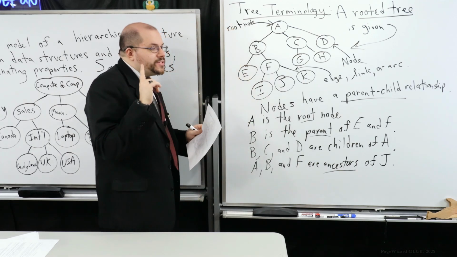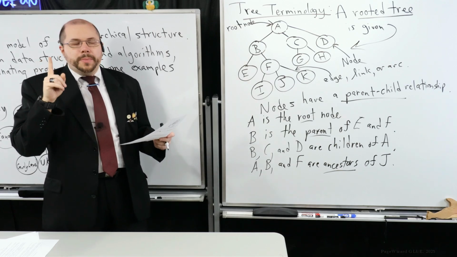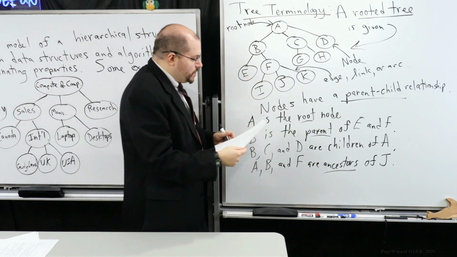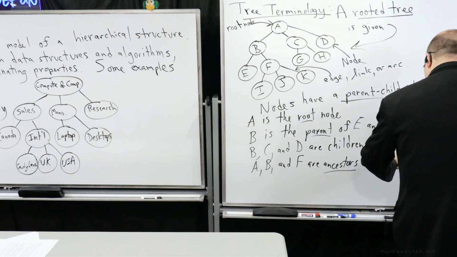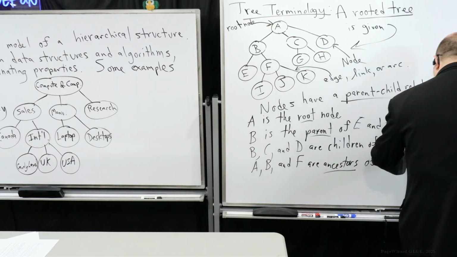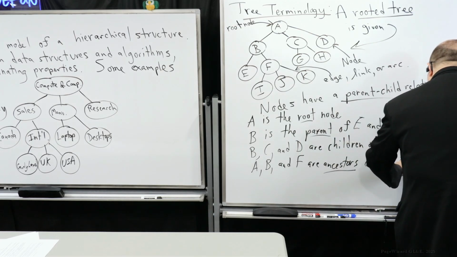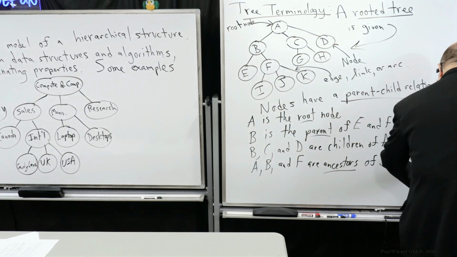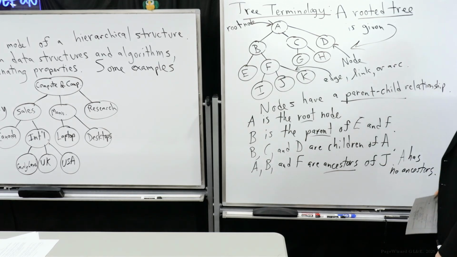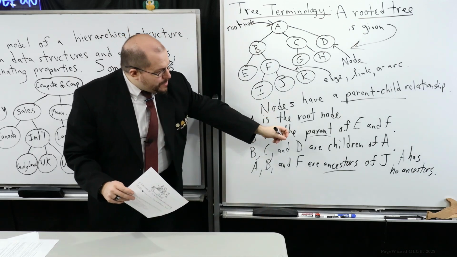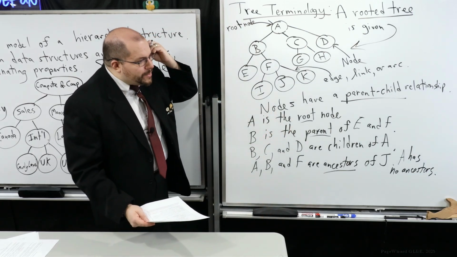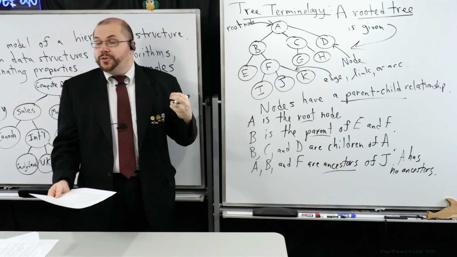So that's something you can always know about the root node: the root node has no ancestor. A has no ancestors. That's true for any root node. Okay, so please take that little piece of knowledge, put it behind your ear, because sometimes it's really helpful for us to use.